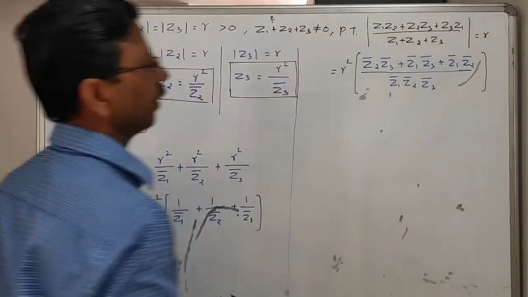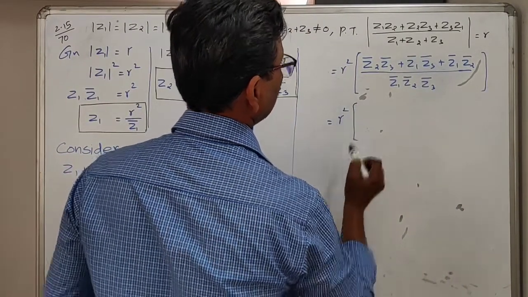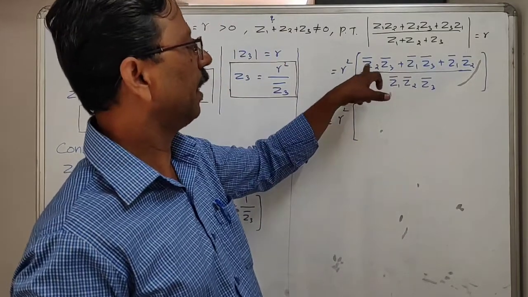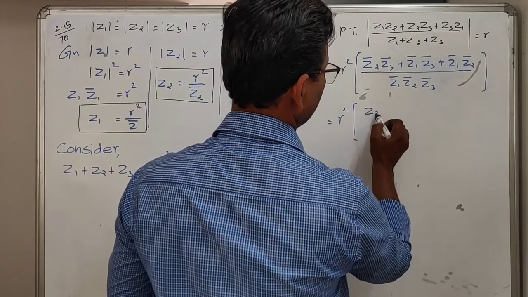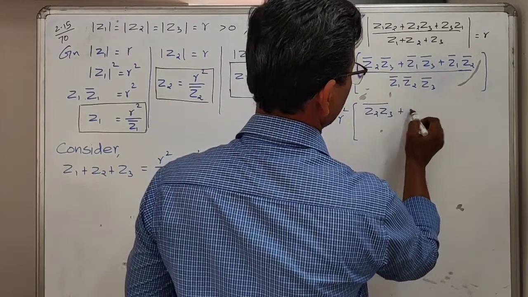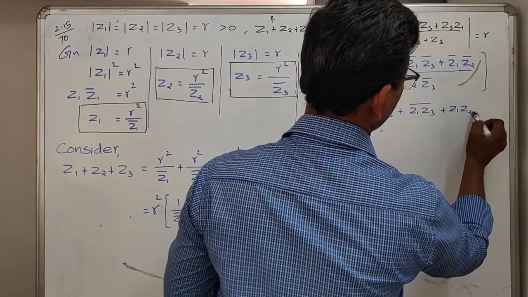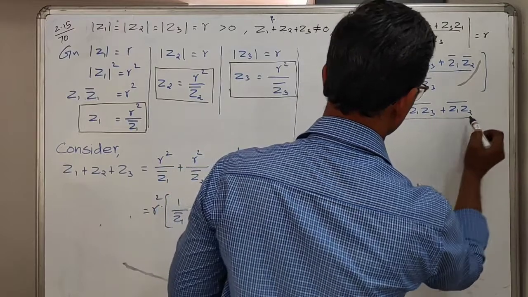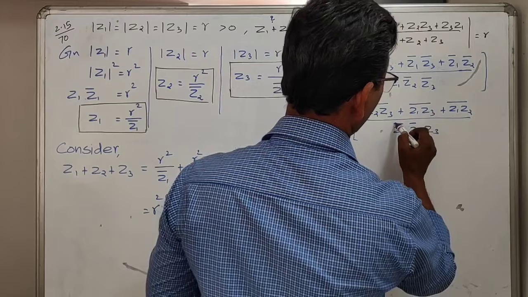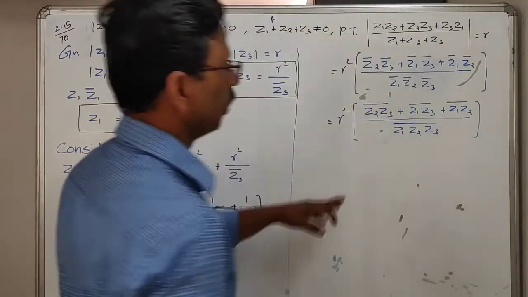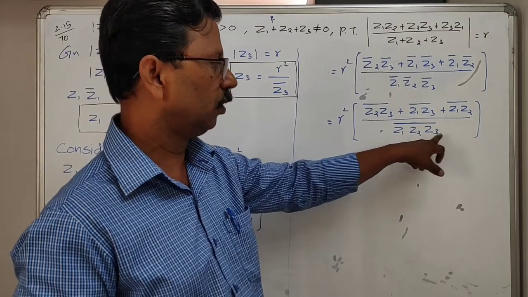Now these things are given here. Okay, now we know very well R square into, see, Z2 into Z3 can be written as (Z2 Z3) whole bar. This you can write (Z2 Z3) whole bar plus (Z1 Z3) whole bar plus (Z1 Z2) whole bar, by Z1 bar into Z2 bar into Z3 bar, which can be written as (Z1 Z2 Z3) whole bar.